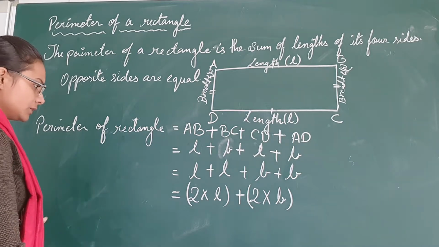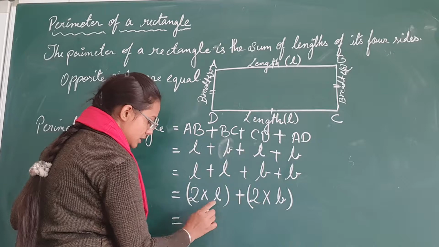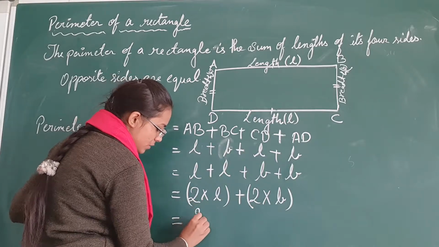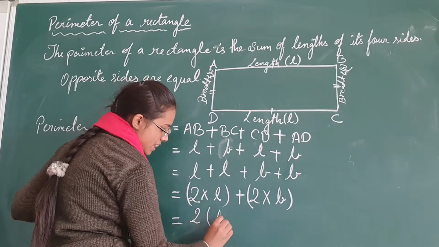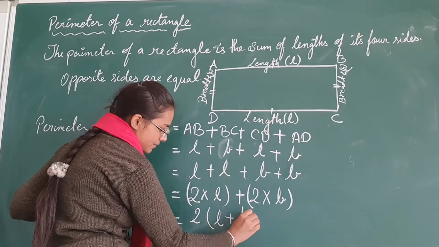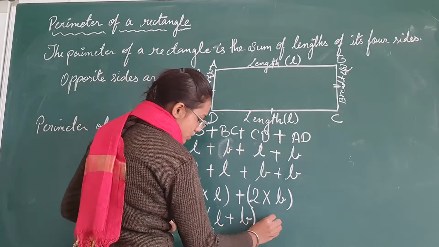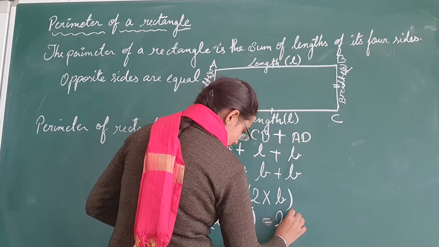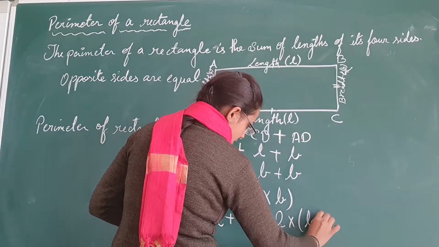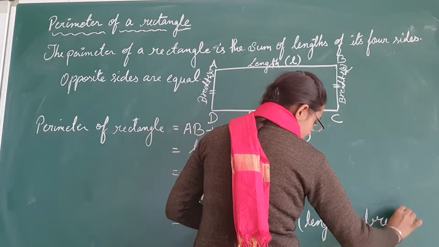Yes or no? So here you can see that 2 is common, so we will take 2 out and write 2 multiplied by length plus breadth. So the formula which we have got is 2 into length plus breadth.